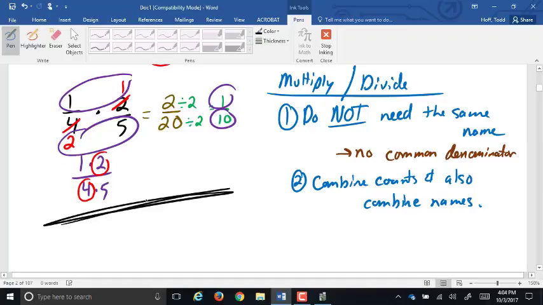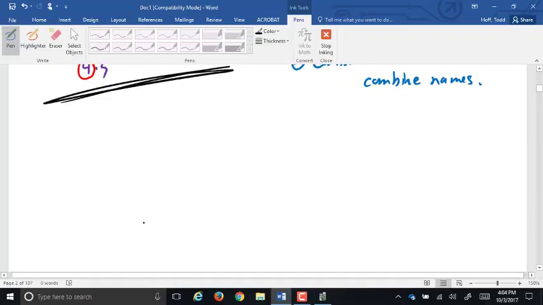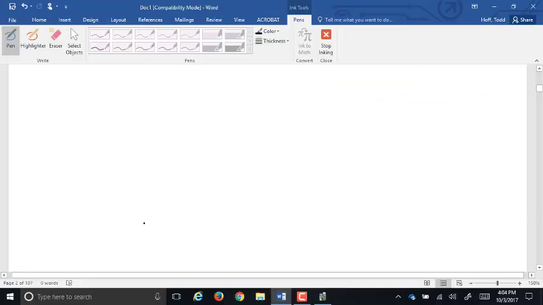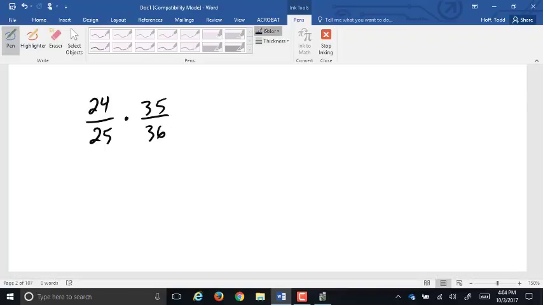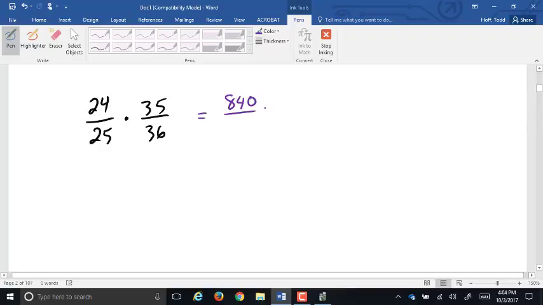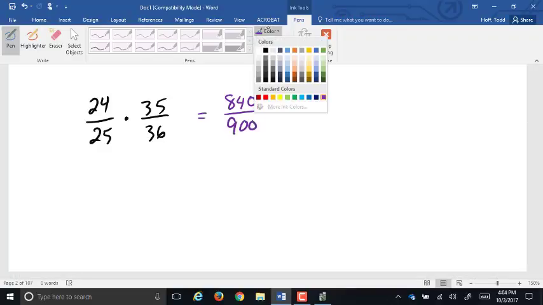Now in a problem like this one, it's about the same amount of effort, same amount of work either way. But if I give you a problem like this, 24/25 times 35/36, I could multiply that out and get 24 times 35 is 840, and 25 times 36 is 900.